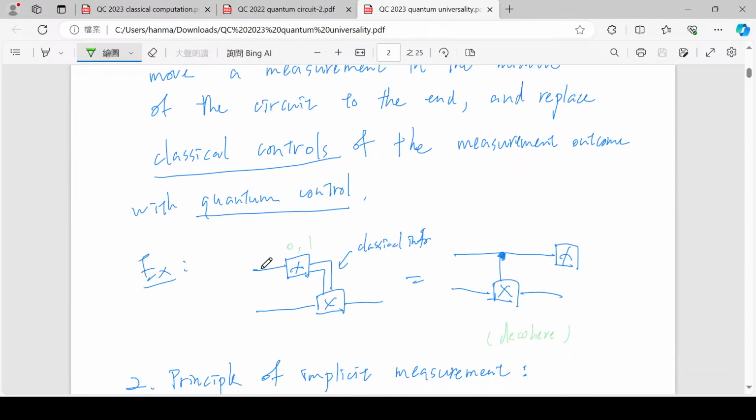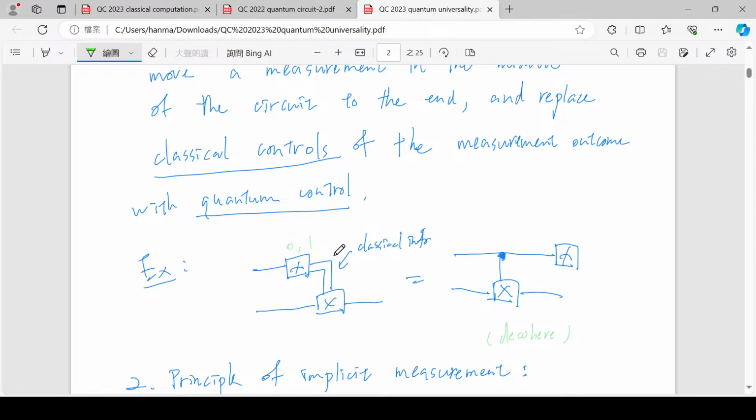The idea is this: you have some measurement in the middle, and for it to affect how your circuit goes, maybe you do a computational basis measurement, get a 0 or 1, and use this classical bit to control some other unitary, here for example some X. Because if you don't use it to control anything, then obviously you can just delay it to the end of the circuit. So let's assume your circuit does some adaptive thing where you use the classical measurement outcome to control something.